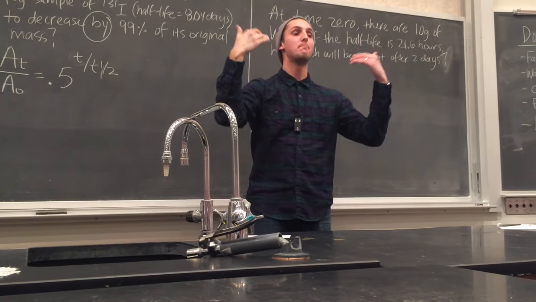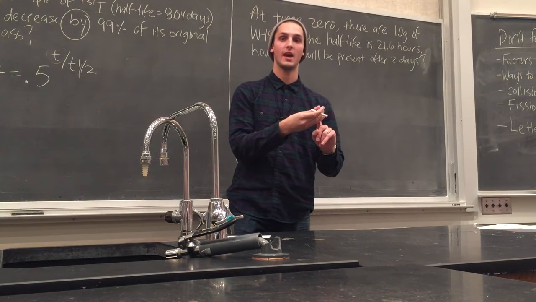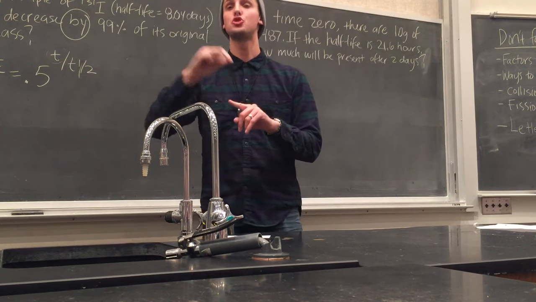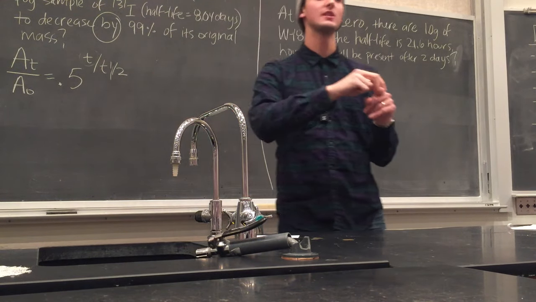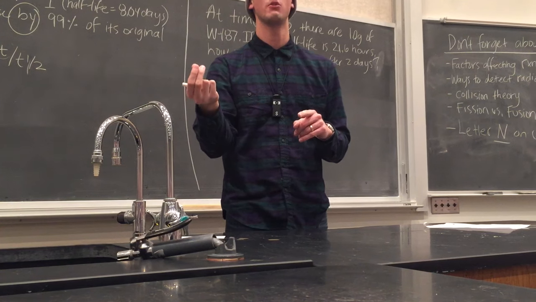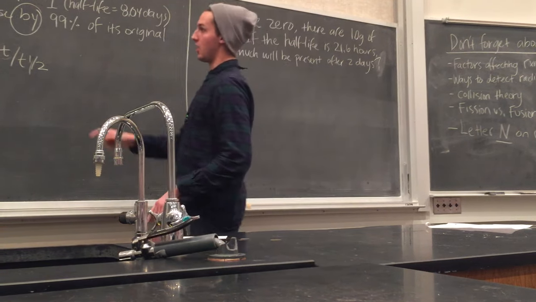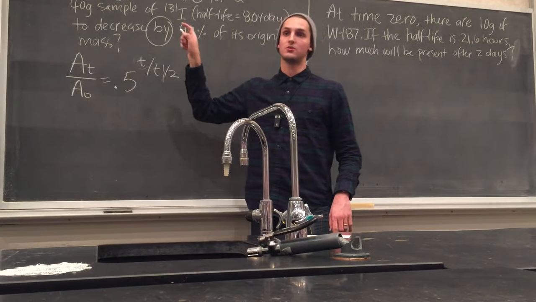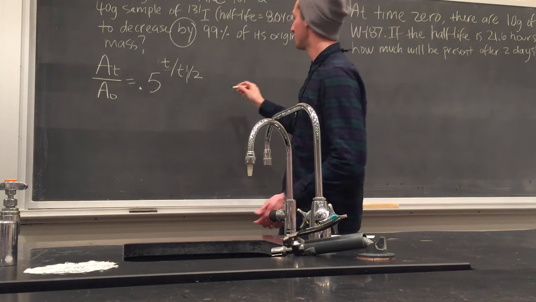If it decreases by 99%, then I have 1% left. If it decreases to 99% of its original, then this ratio is 0.99. So watch out for the words that they use. So this ratio right here is going to be 0.01, 1%, right?